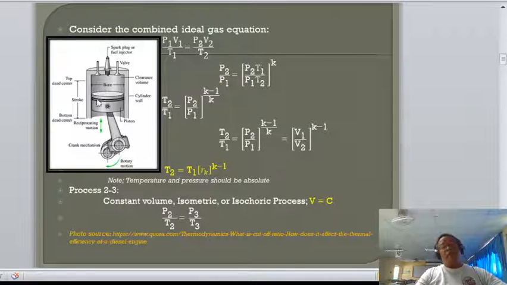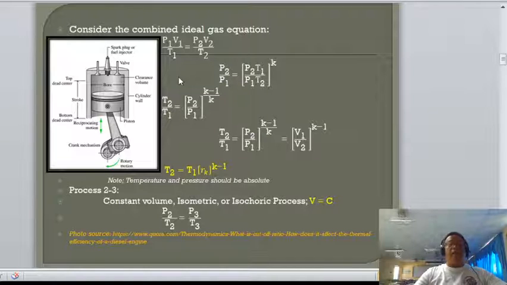Take note that the temperature at this point is absolute. If you use an ideal gas equation, you see to it that the pressure and the temperature are absolute. That is for the process of 1 to 2.